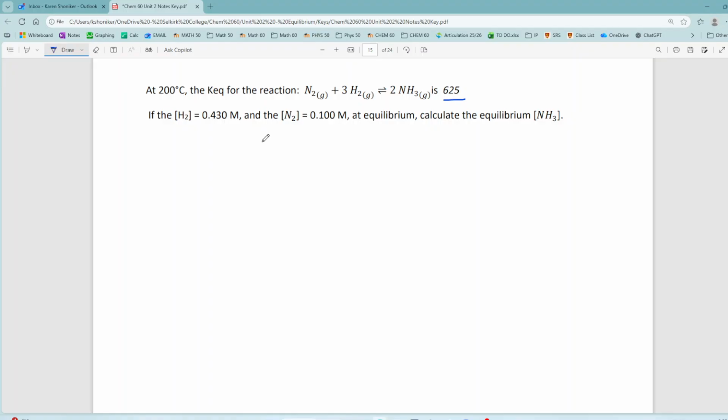So again, I'm going to start with my equilibrium expression, which is the ammonia squared divided by the nitrogen times the hydrogen cubed. They are giving me the concentration of hydrogen at equilibrium. They're giving me the concentration of nitrogen at equilibrium. They are asking me to calculate the concentration of the ammonia.